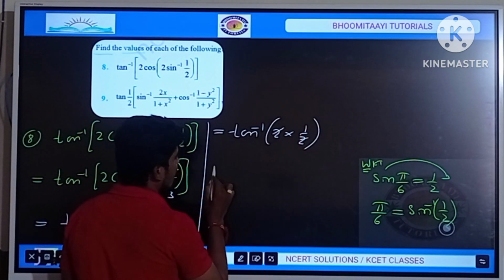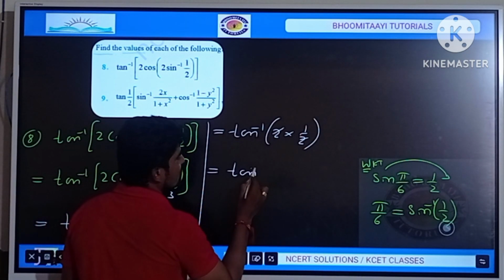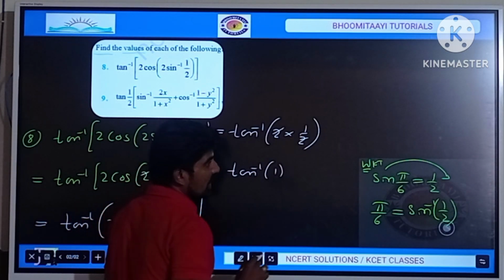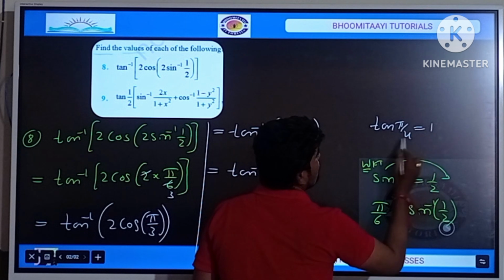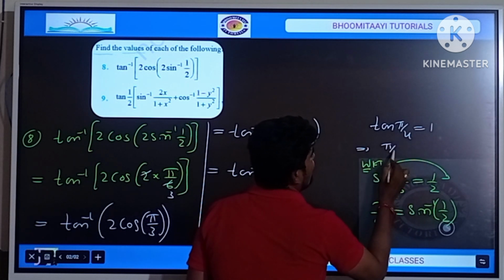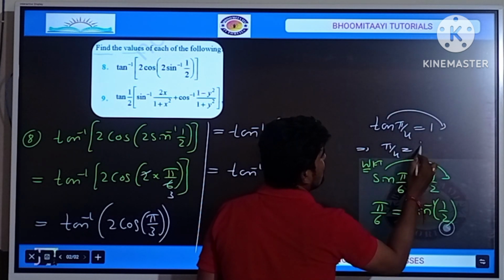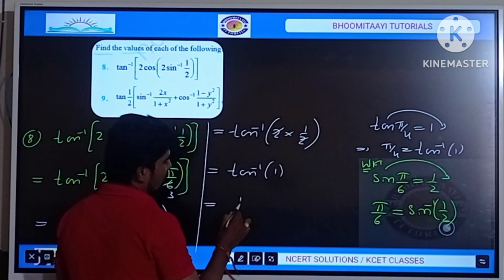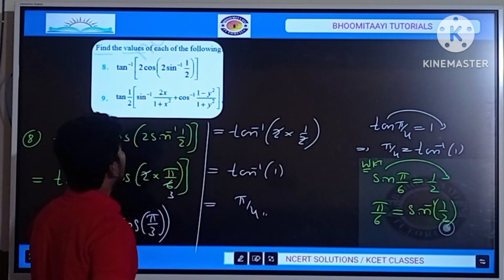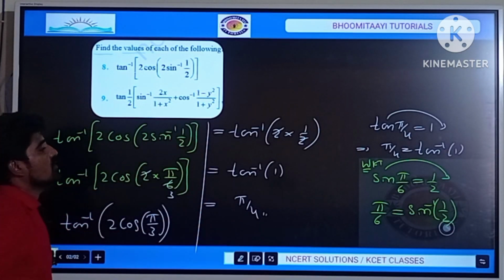Again 2 and 2 get cancelled, remaining tan inverse 1. And we know that tan pi by 4 is equal to 1, which implies pi by 4 is equal to tan inverse 1. Therefore pi by 4 is the value of this given inverse trigonometric function.